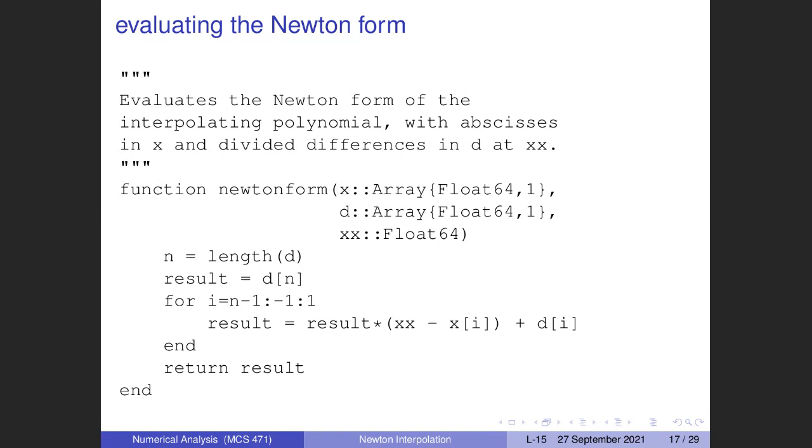And then we have the point labeled here as xx. You can see that to evaluate, we have a number of operations that is linear in the length of the vectors. Okay, so this is the algorithm.